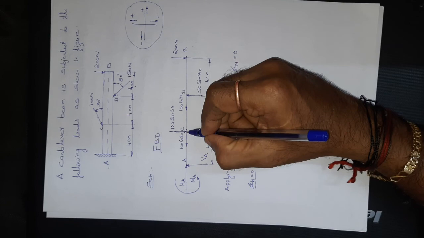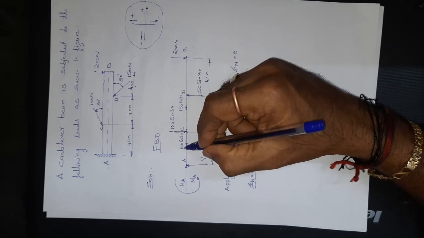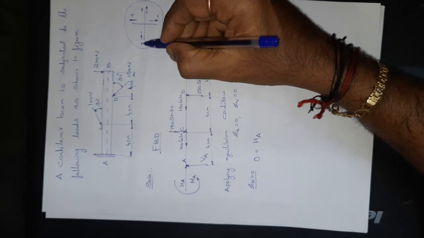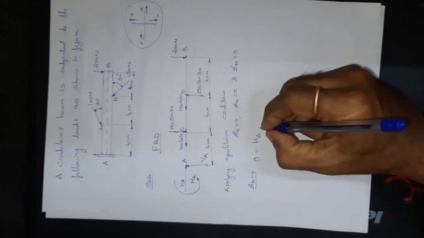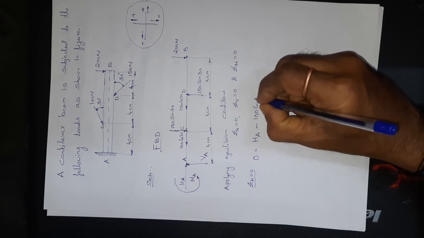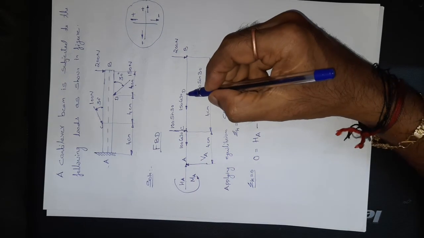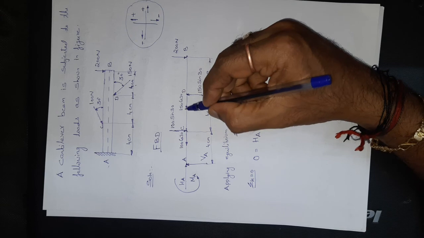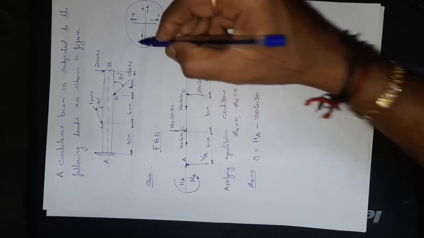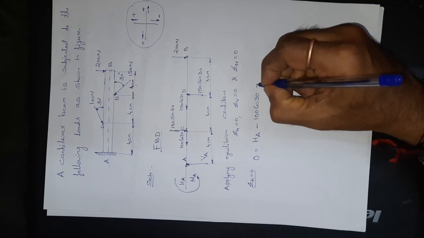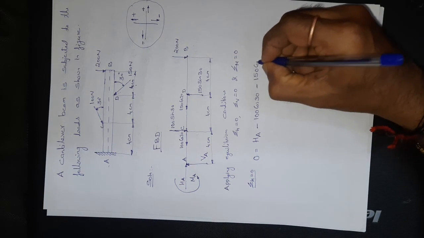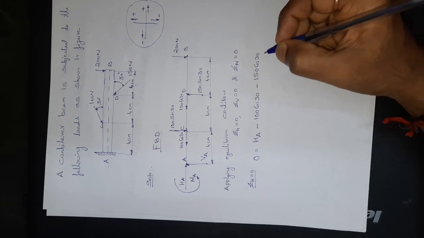And at point C, a force of magnitude 100 cos 30 is acting in the negative x direction, so it carries a minus sign. At point D, a horizontal force of magnitude 150 cos 30 is acting in the negative x direction, so it also carries a negative sign.